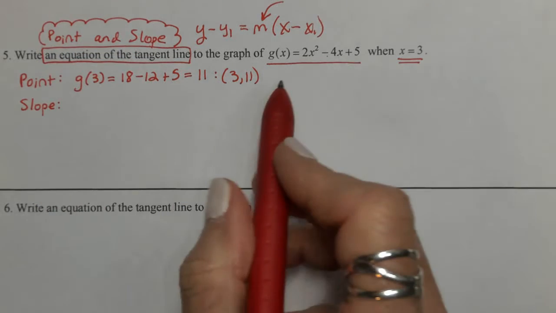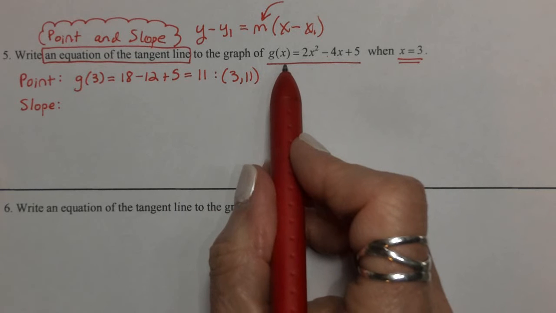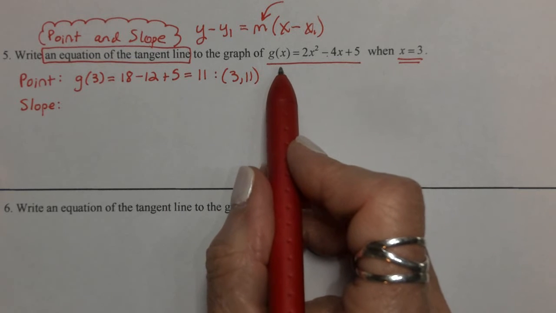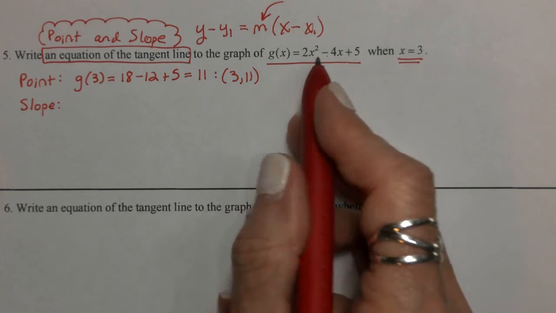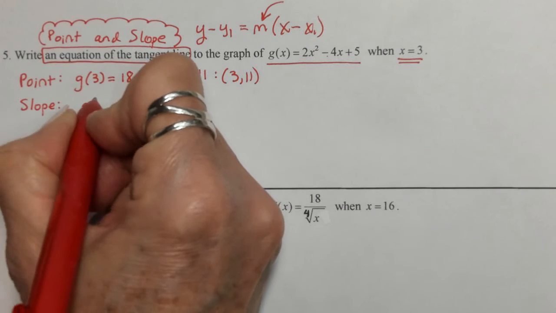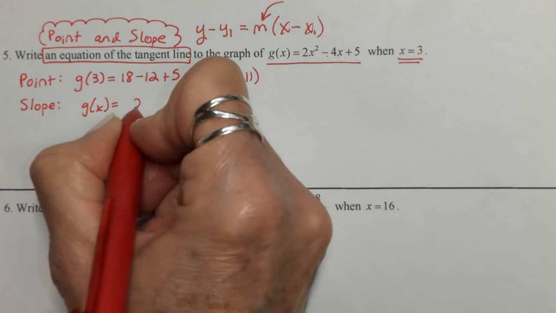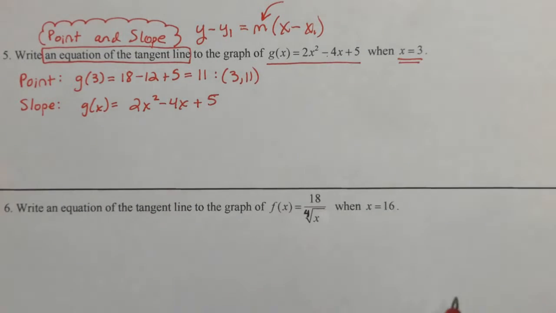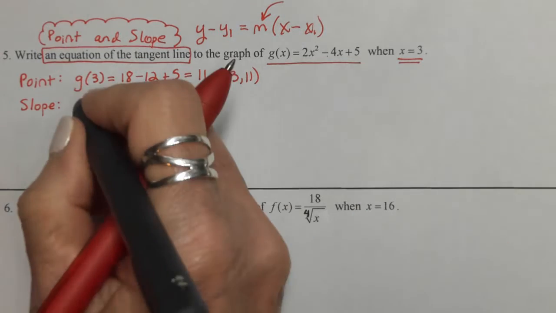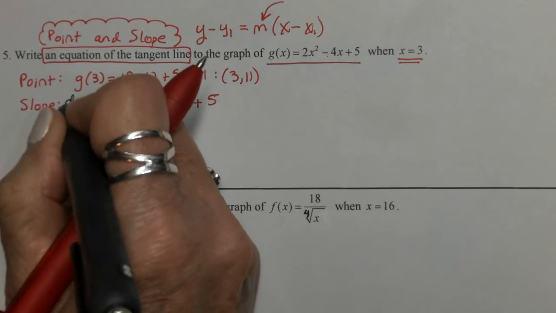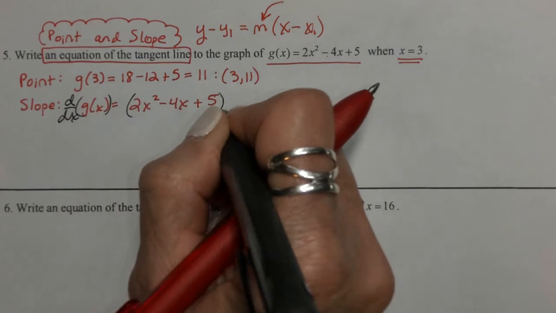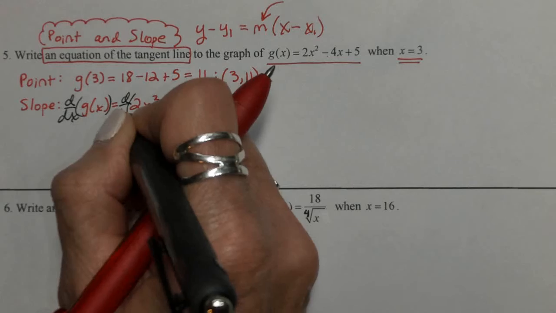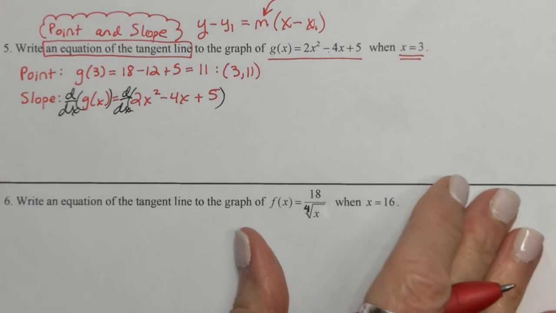Well, for the slope, I need to find the derivative because the slope of the tangent line is the derivative. So here's my g of x. And I'm going to come in and take the derivative of both sides with respect to x. I just realized that I'm writing everything in red, and I usually don't, but that's okay.